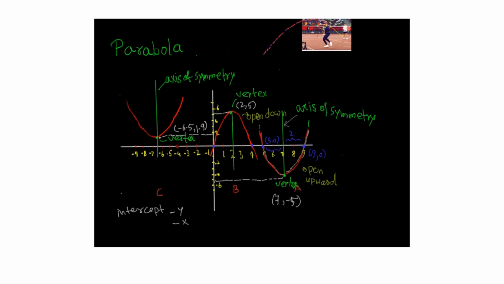In case B, this distance is equal to this distance. The difference between this and this is 2, because here this is 0 and the axis of symmetry is intersecting at the point x is equal to 2.